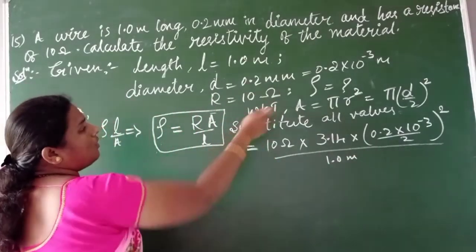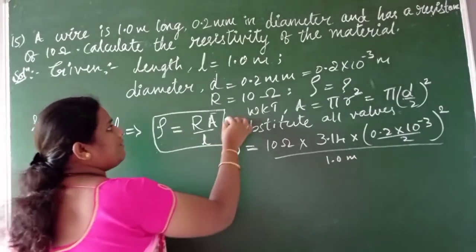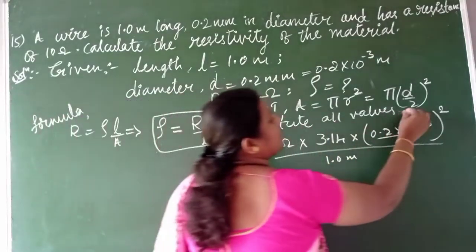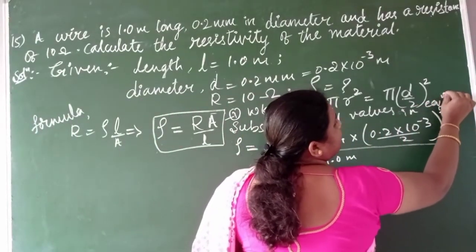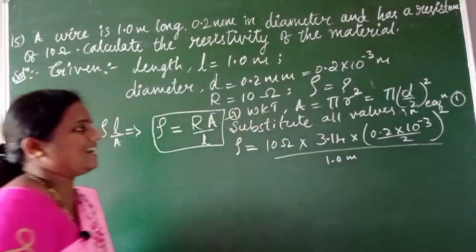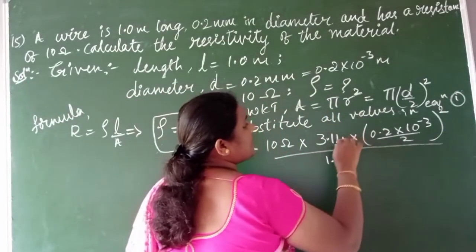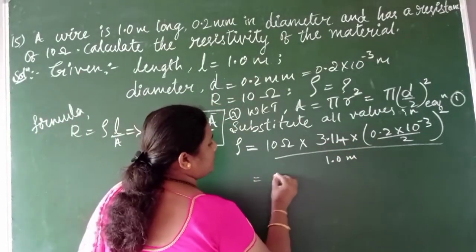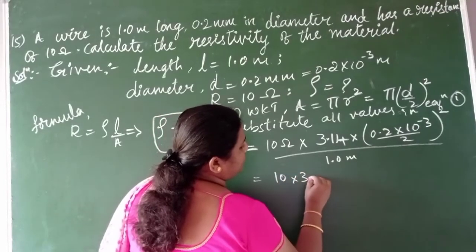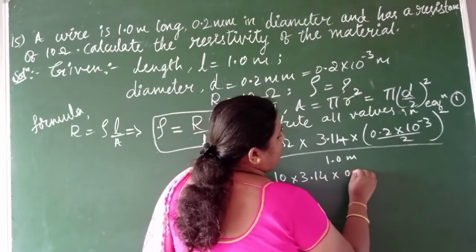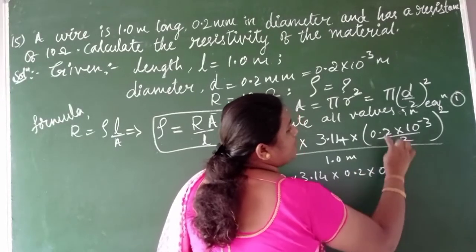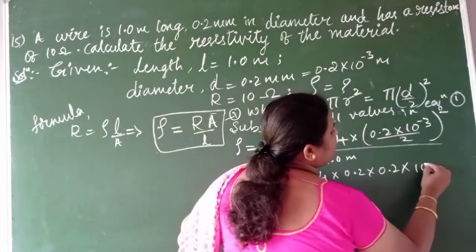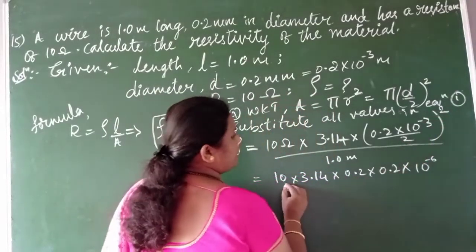This is how it comes, children, when we substitute all these values in this equation. For your reference, you can take it as equation 1. Substitute all values in equation 1. Isn't it, children? We will get, pi is nothing but 22 by 7 or 3.14. Now 10 into 3.14 into 0.2 into 0.2, we can write now, because of the whole square, and 10 to the power of minus 6. 2 square means 4.